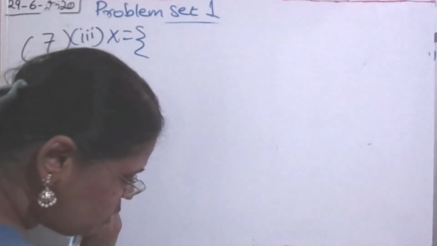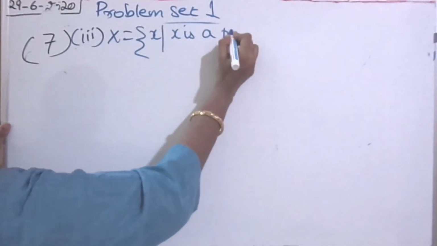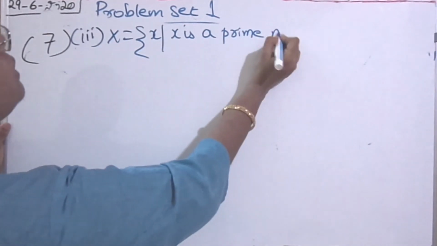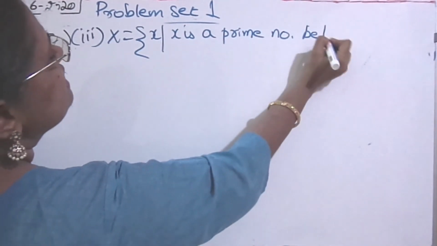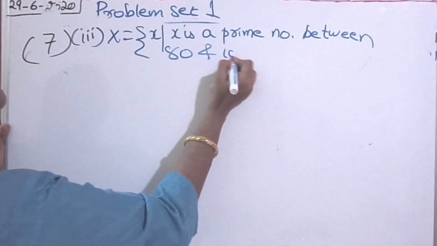X is equal to {x such that x is a prime number between 80 and 100}.